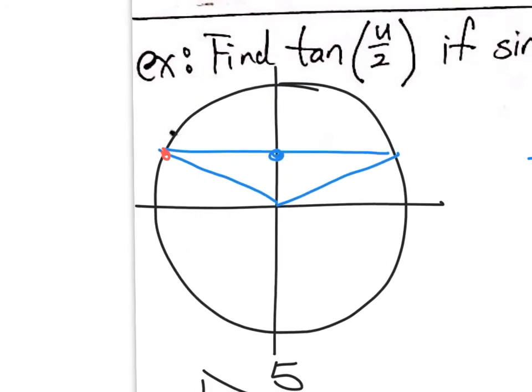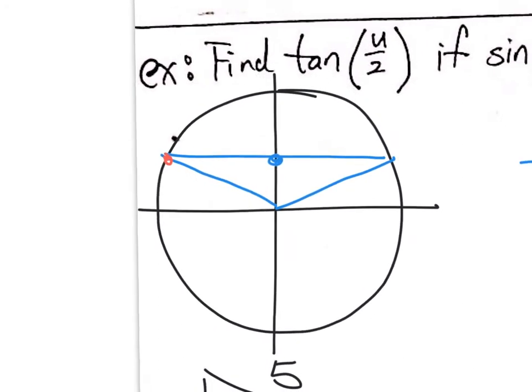If we were to draw this, all we know is that the sine of some angle is 2/5. And we know that the sine is the y-coordinate, so 2/5, I just approximated, it's about right there. So we split this into fifths, and 2/5, okay, so the sine is right there.